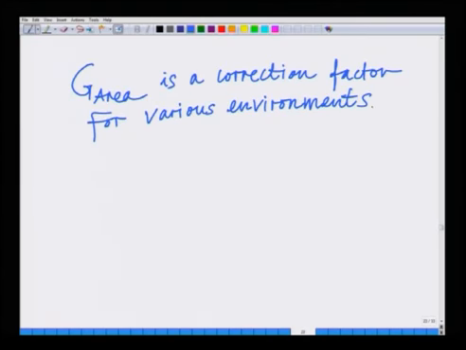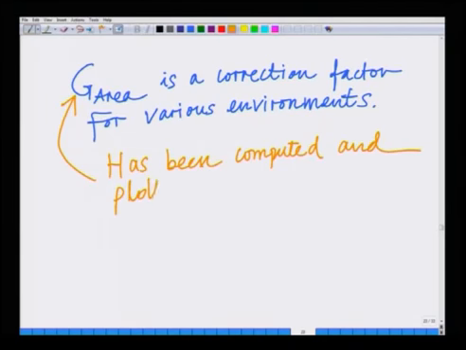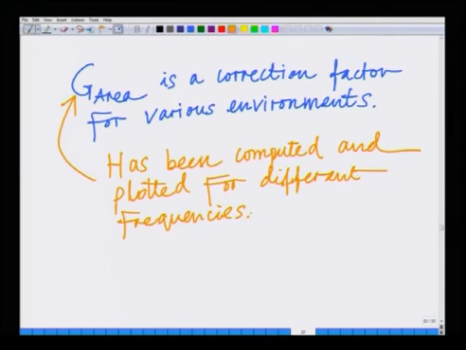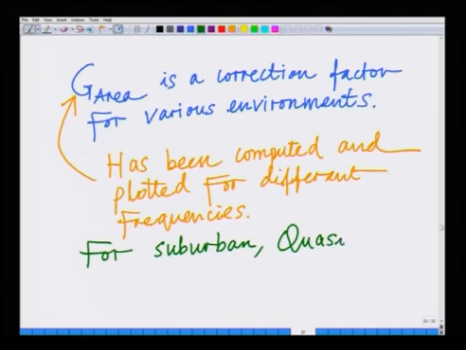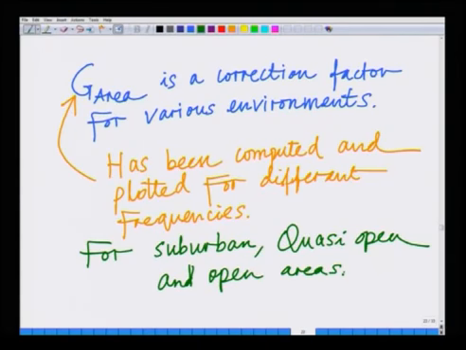It has been computed and plotted for different frequencies, for a particular set of areas, for areas of the type suburban, quasi open and open area.